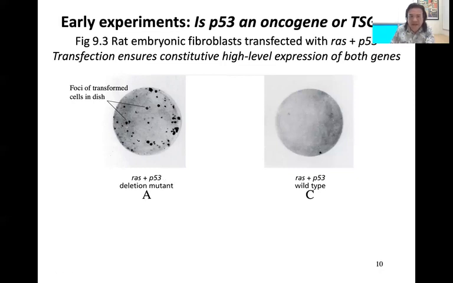Because now the RAS is working. So yeah, I guess that makes sense, because if p53 is a tumor suppressor gene, then by deleting part of it so it no longer works as a tumor suppressor, now you're seeing RAS working, right? So you're like, okay, that's the real conclusion: p53 is a tumor suppressor gene.